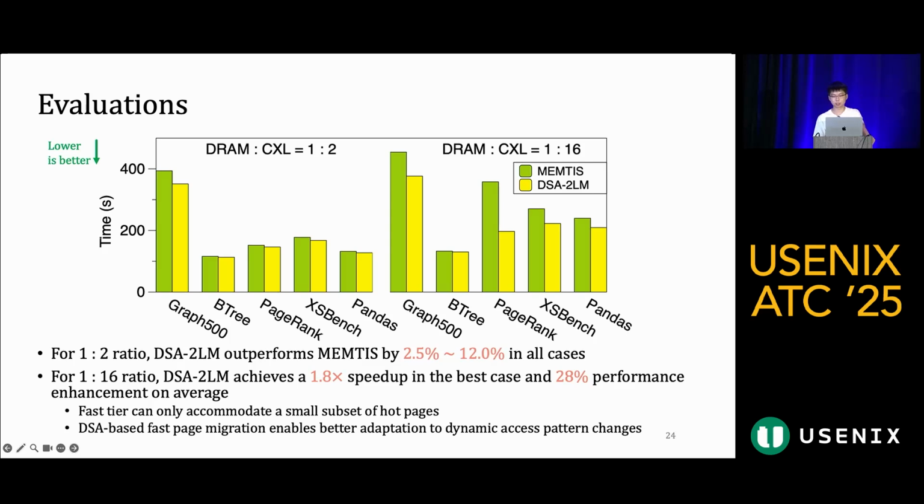When increasing the ratio to 1:16, DSA-2LM achieves a 1.8 times speedup in the best case and 28% performance enhancement on average. This significant improvement occurs because the fast tier memory can only accommodate a small subset of hot pages. DSA-based fast page migration enables better adaptation to dynamic access pattern changes.